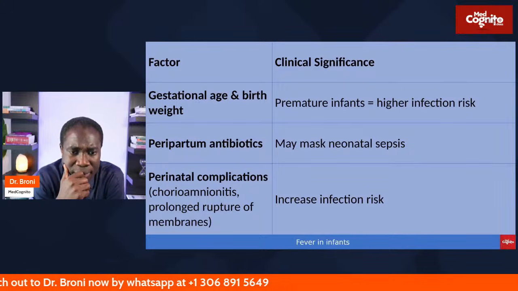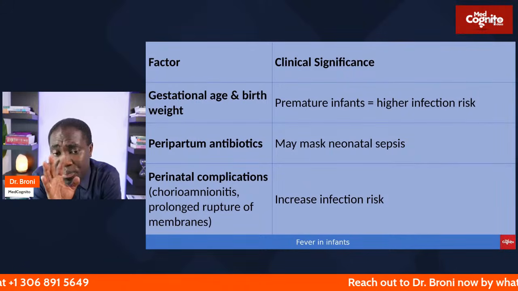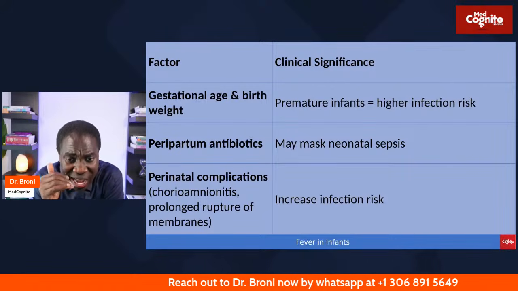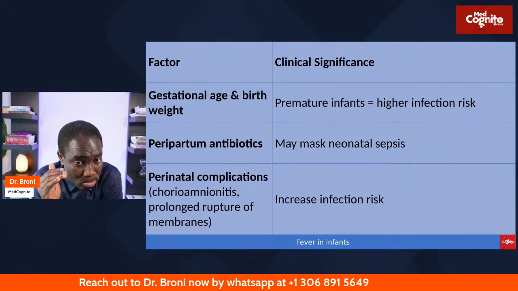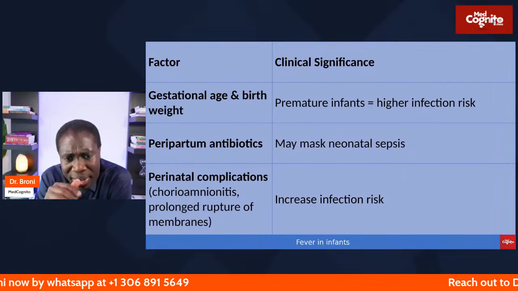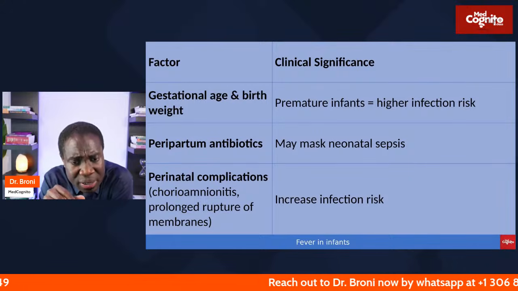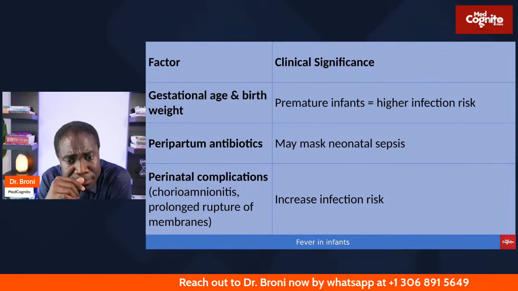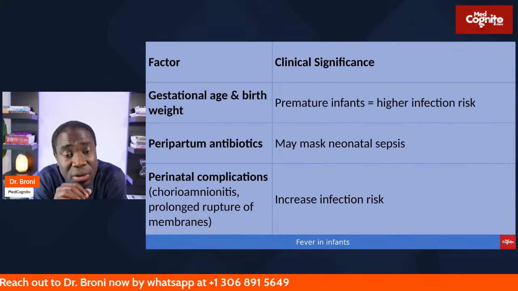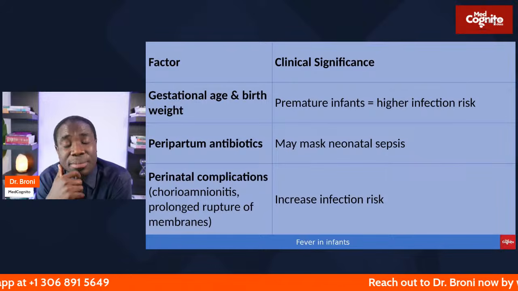Number one, the gestational age and birth weight. Premature infants are at higher infection risk than full-term infants. Okay? Now, peripartum antibiotics: children whose mother received antibiotics around the time the baby was born, or if the child itself was started on antibiotics right from birth, this may mask neonatal sepsis.